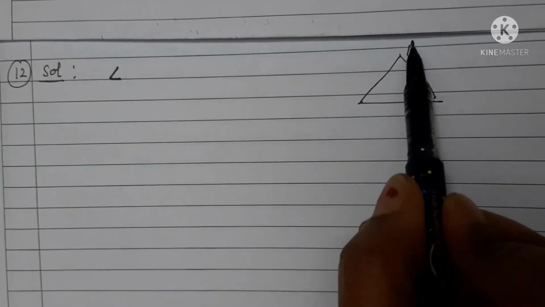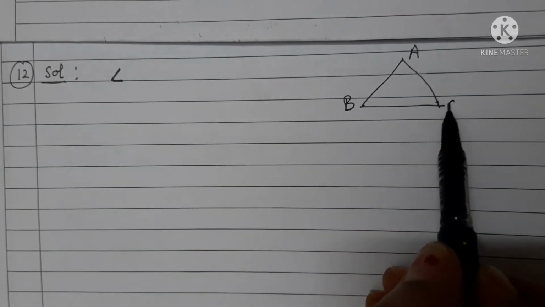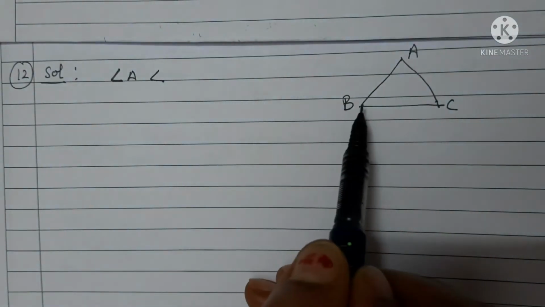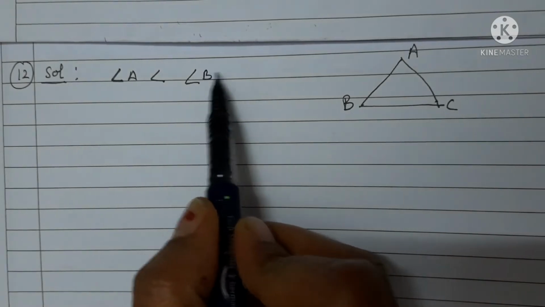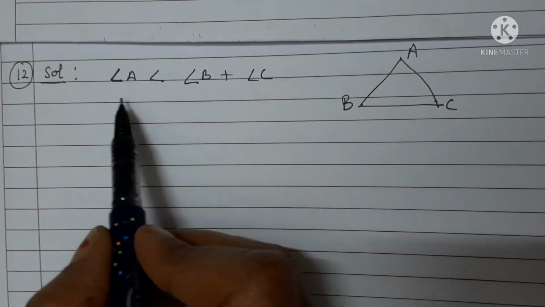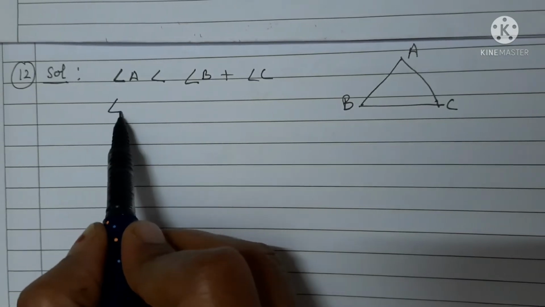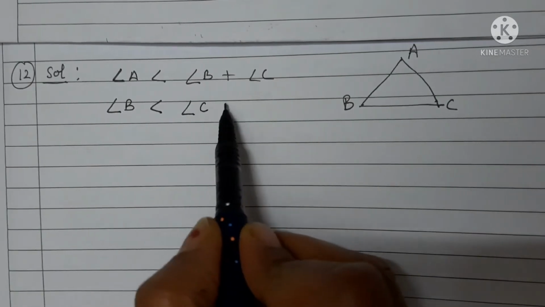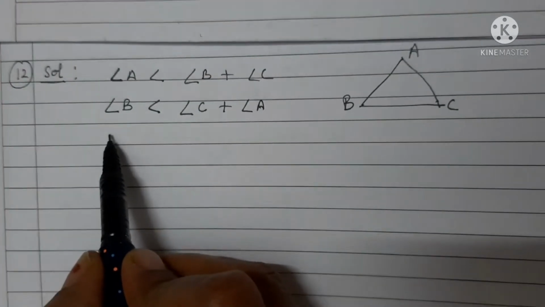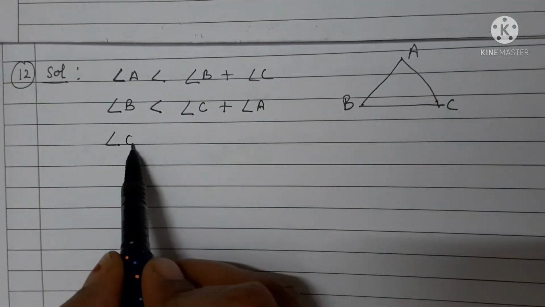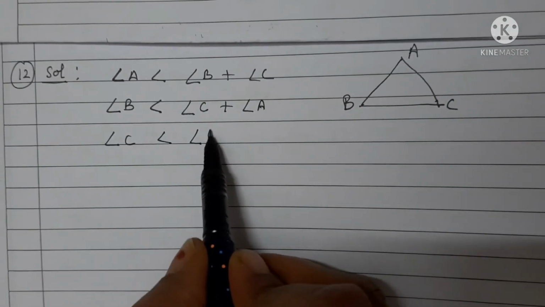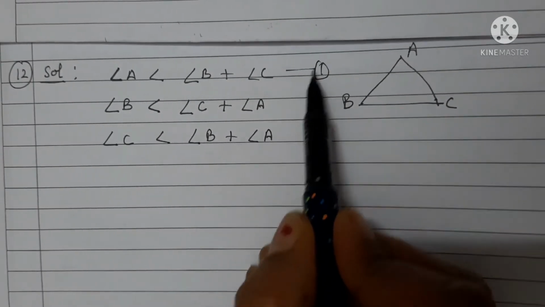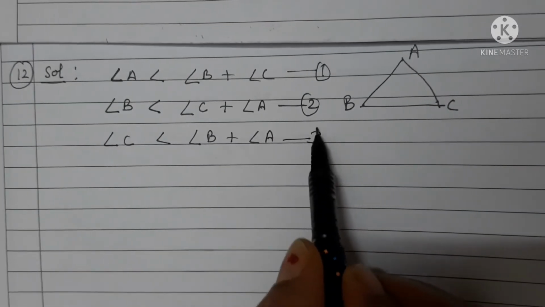This is a triangle A, B and C. So here angle A is less than the sum of angle B and C, angle B plus angle C. And also angle B is less than angle C plus angle A. Same here for the third angle: angle C is less than angle B plus angle A. Now this is first, second and third.